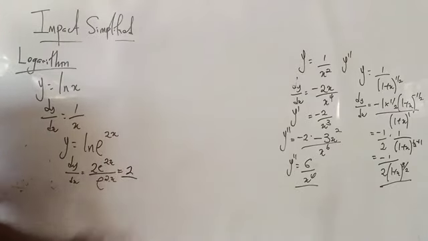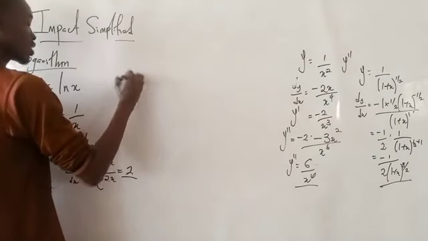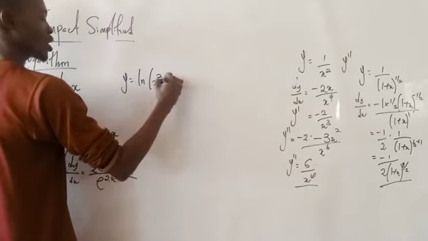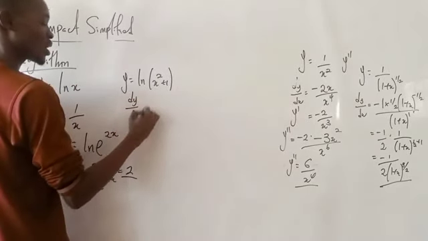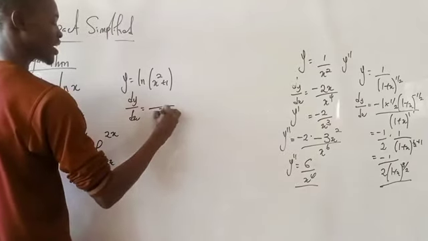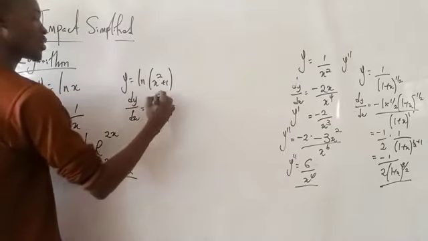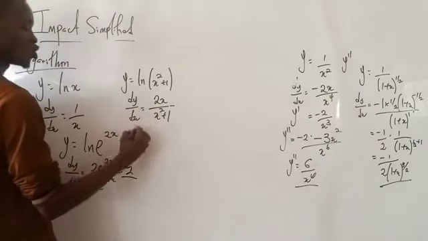So solving this, what is your answer? Your answer is 2. For instance, again, let's look at this. We have y is equals to the ln of x squared plus 1. So how can you differentiate this? We have it as well. Dy dx is equals to ln we drag anything in front to the denominator. And when that man now gets there, it differentiates itself and you write the answer as the numerator.